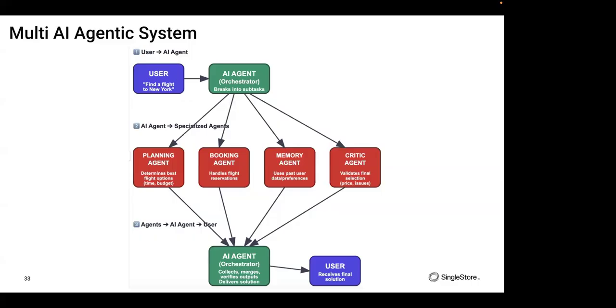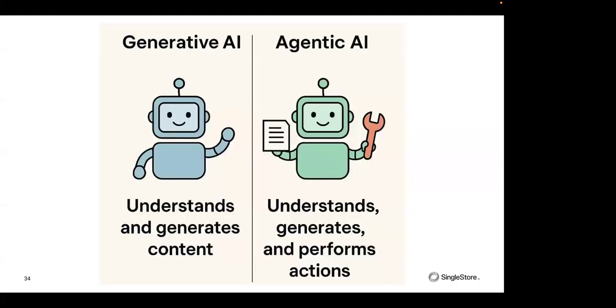There is a booking agent, a memory agent, and a critic agent to see if we are doing everything right. And then at the end there is an agent that puts out the summary to the user saying, hey, this is your final output and this is the report. These are the things that you should do, these are the best flights we found for you to go to New York.